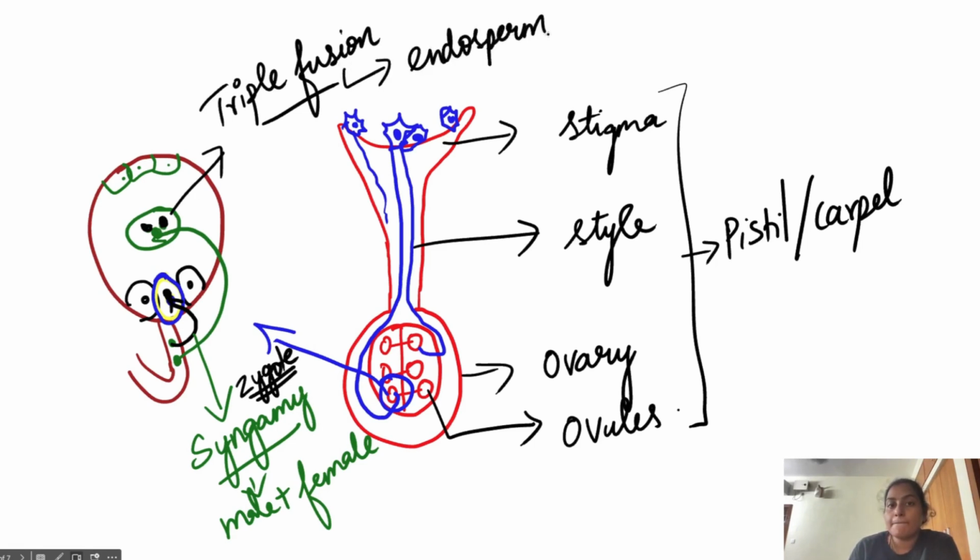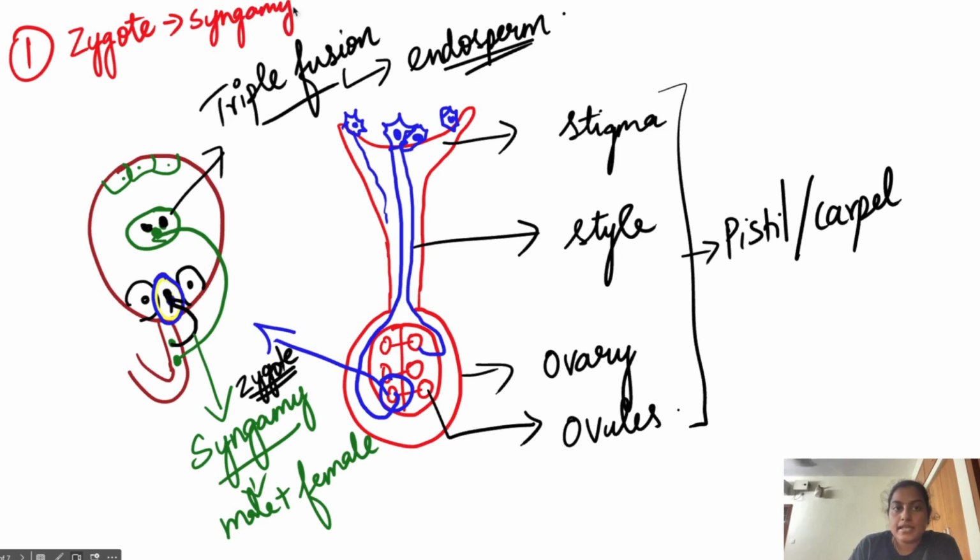Endosperm. So let me write it clearly. In the first fertilization, the male and the female gamete are fusing together to form the zygote. That process is called syngamy. Second one, another male gamete is fusing with the polar nuclei to form the endosperm, and that process is called triple fusion. Simple.